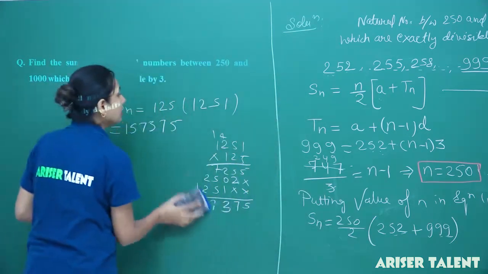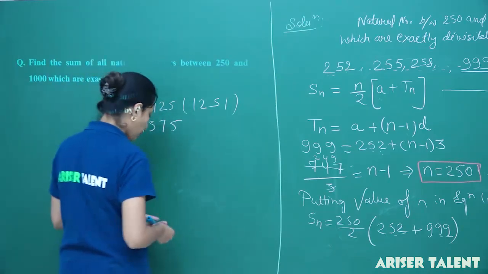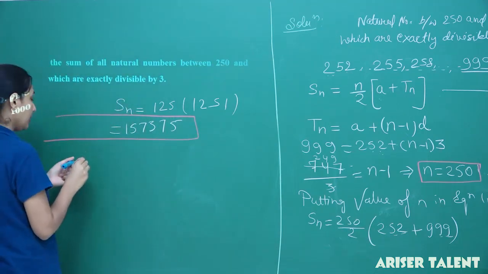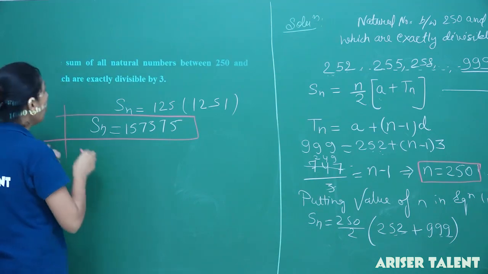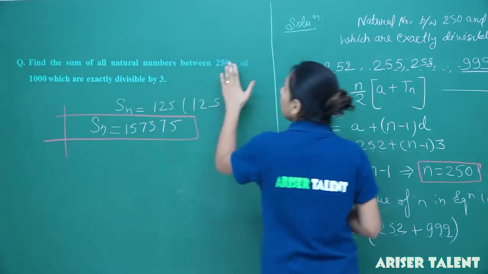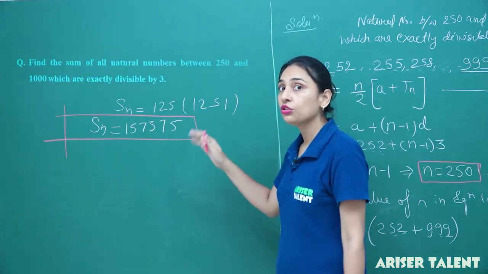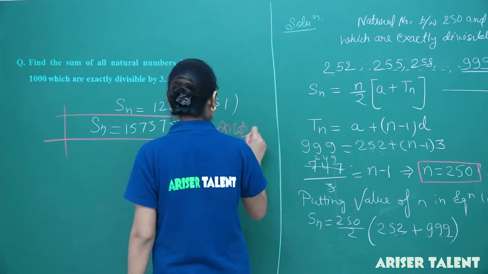So students, this is the answer you have acquired, which is the summation of all natural numbers between 250 and 1000 which are exactly divisible by 3. Okay students, this is your answer. Note it.